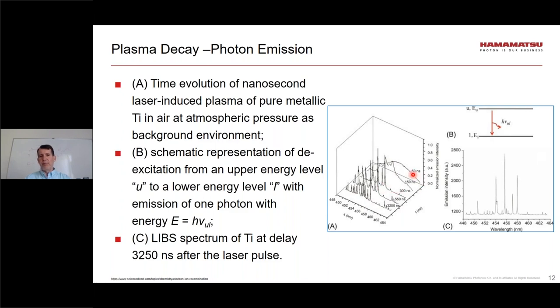So you can see that at 50 nanoseconds after the laser pulse, there is really this continuum of fluorescence signal. It doesn't have the spectral lines and the unique features, but at 150 nanoseconds, 300 nanoseconds, as that plasma is cooling, those electrons are making those transitions from their higher energy state to a lower energy state, giving off photons, and that photon emission is all represented in these distinguished peaks in a LIBS measurement.